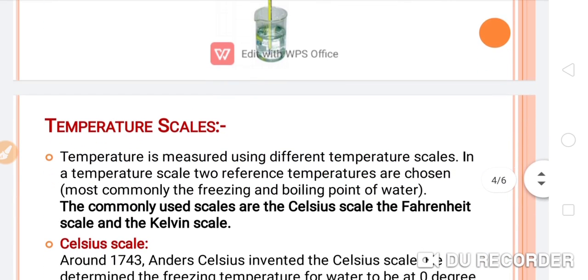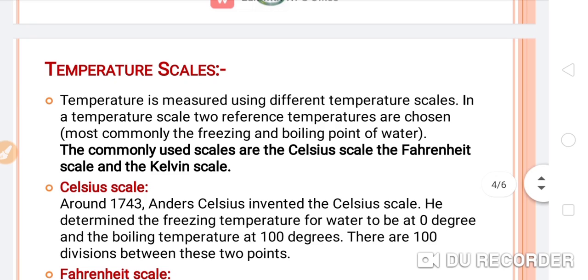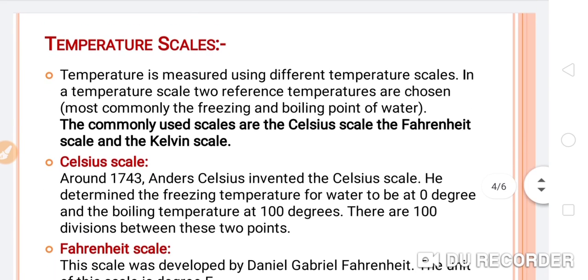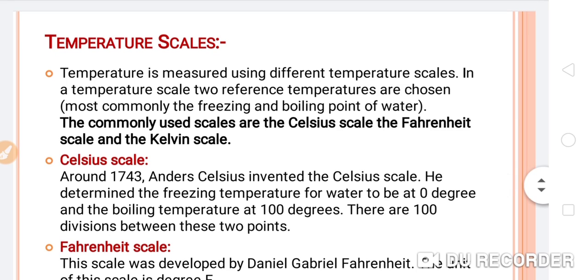Now next point, students, that is temperature scales. There are different scales on which we measure temperature. Temperature is measured using different temperature scales. In a temperature scale, two reference temperatures are chosen, most commonly the freezing and boiling points of water.